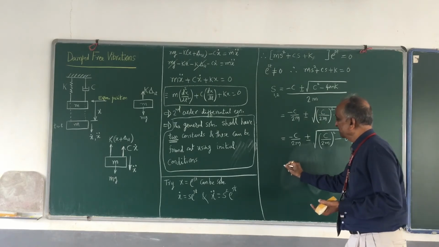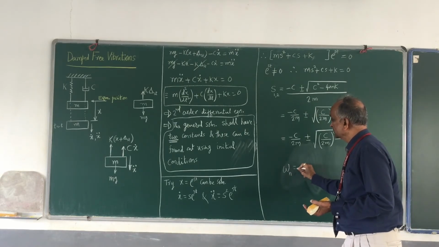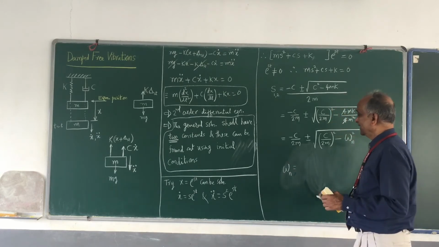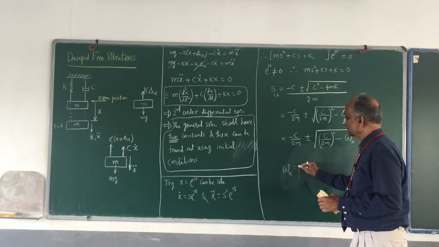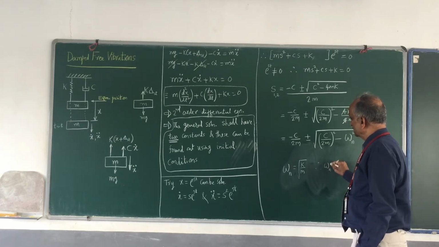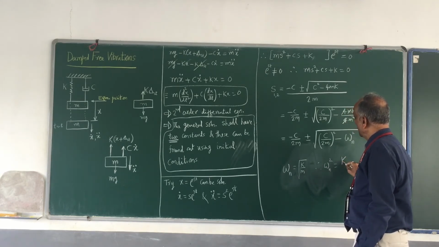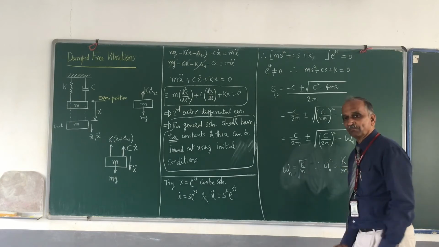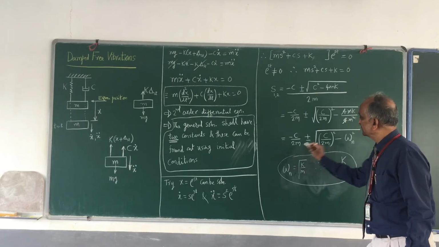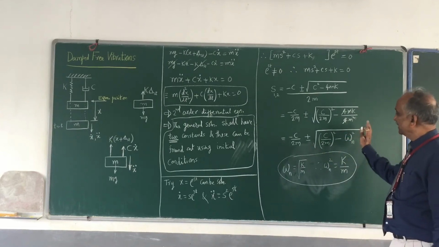Omega n is for undamped free vibrations, omega n is equal to root of k by m. Therefore, omega n square is equal to k upon m. This is the reason why we wrote that. I hope it's clear.